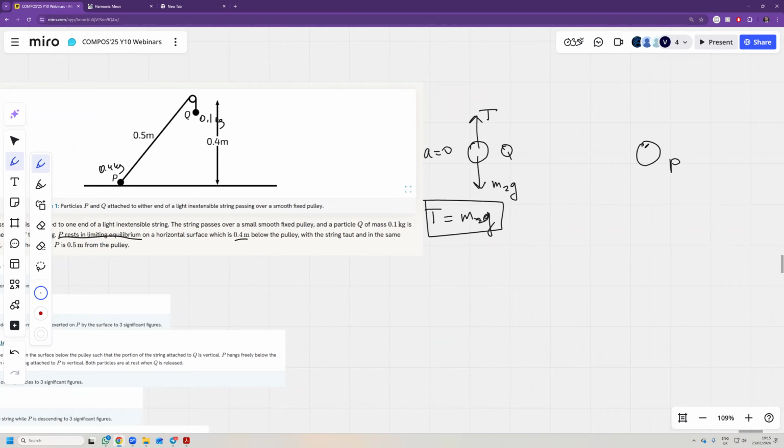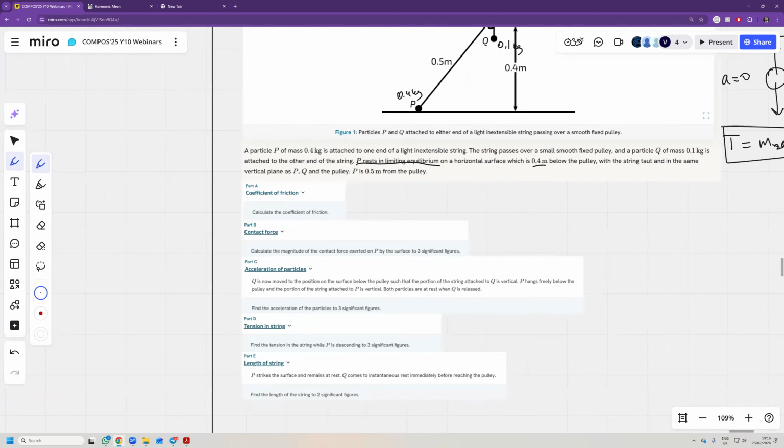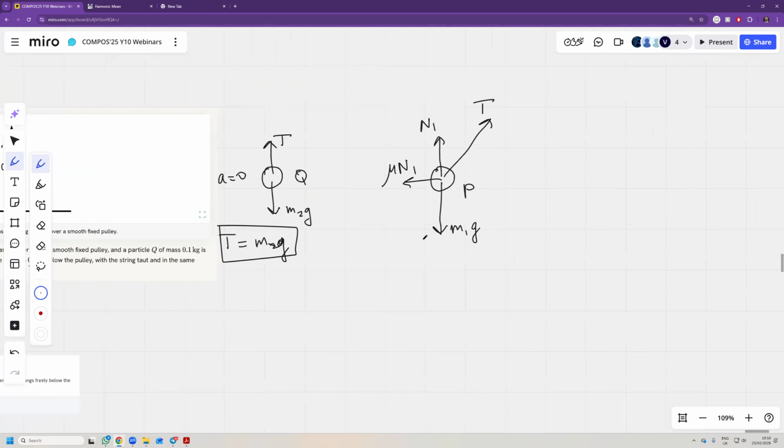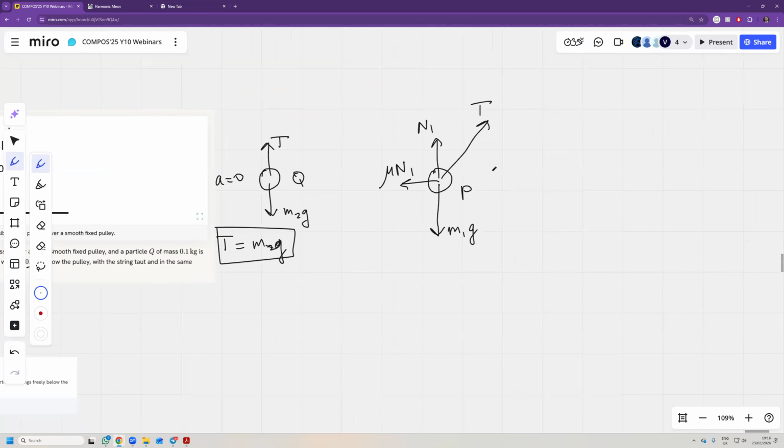So P is being pulled up by the string. It is being pulled down by gravity, M1G. There's a normal reaction force, N1, and there's a friction force. Because it's a limiting equilibrium, that means it's mu N1. Mu is the coefficient of friction. Now, we can split T into components.